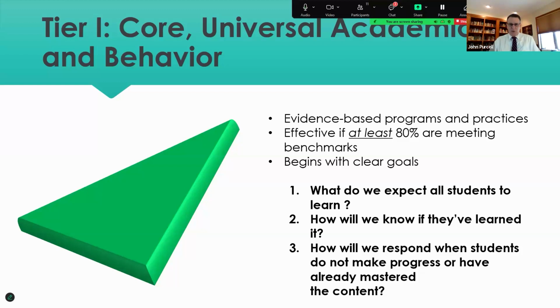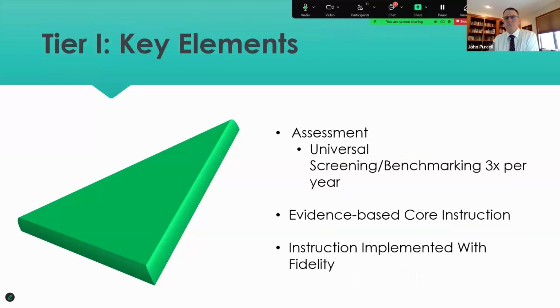So we're going to be proactive in our planning. We're going to rapidly respond when students need it. But boy, we don't want to be in a situation where we're on our heels and reactive, rather than making sure that we plan ahead of time and we're clear on what we must do for students and how we expect them to perform.